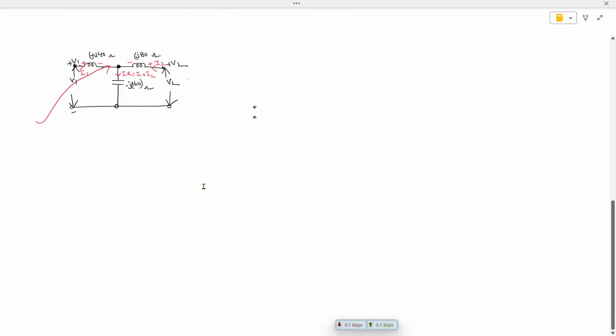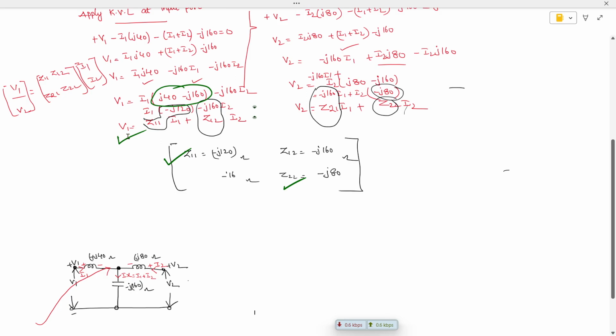In this method, we already have the basic equations of V1 and V2. From these basic equations, let's try to represent them in the standard form.